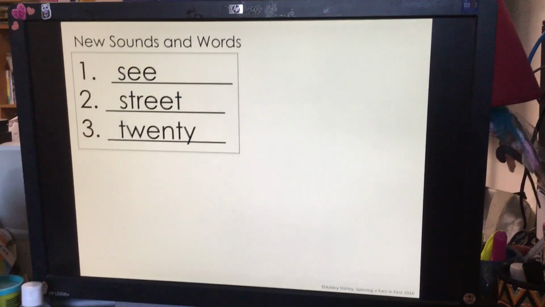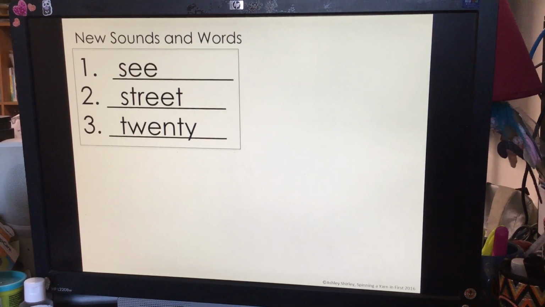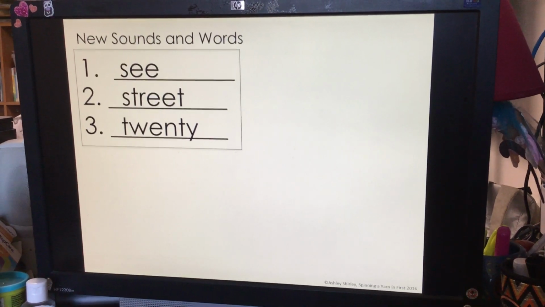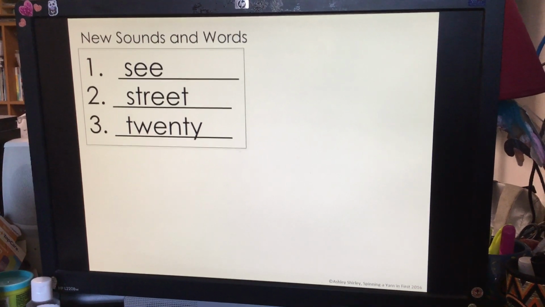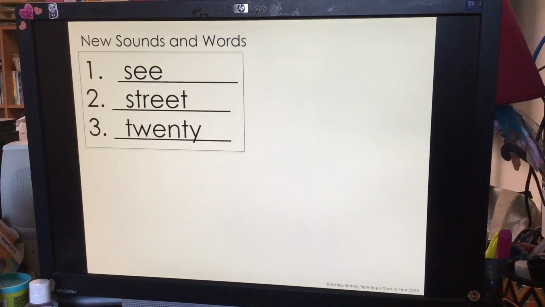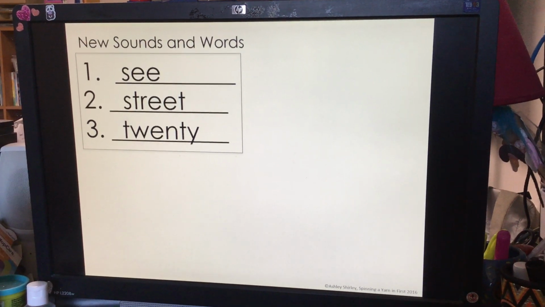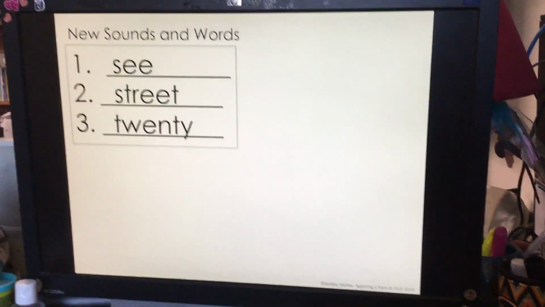So where do we hear the E sound? Oh, you got me. It's at the end of the word with the Y. I know sometimes we pronounce it differently, but the E sound is at the end of the word, represented with Y. Glad you caught that, boys and girls.